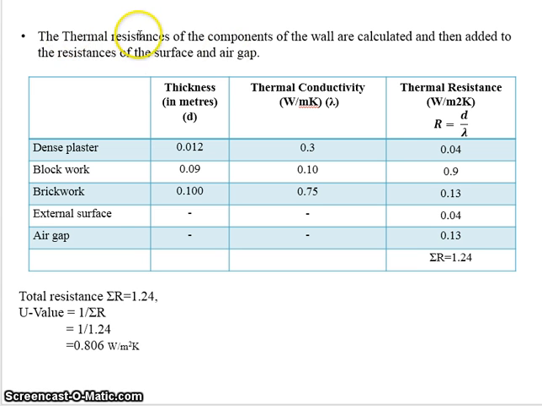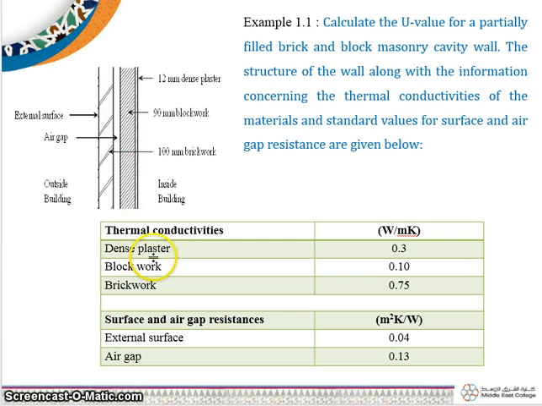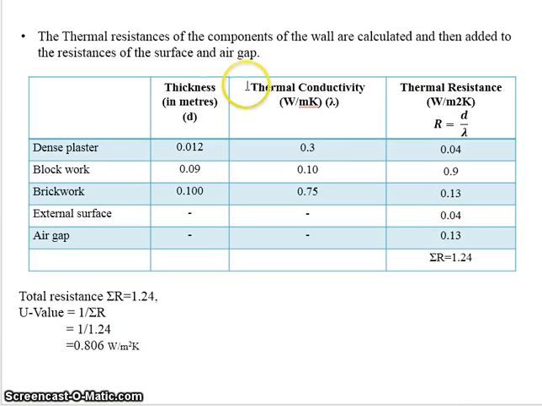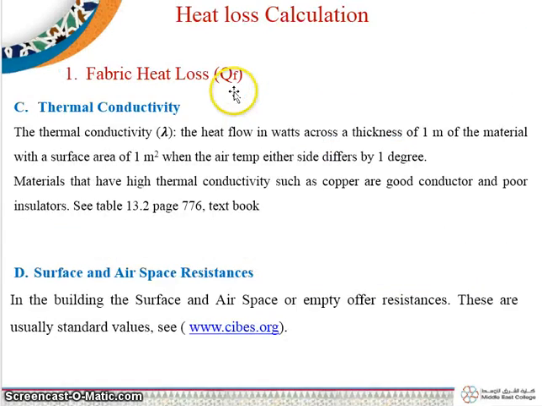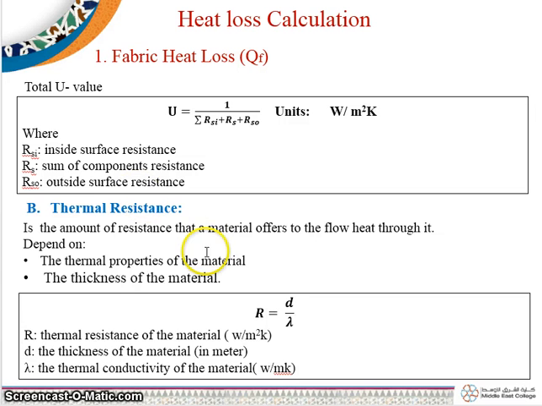So see here the thermal resistance of the components of the wall. You have to calculate the thermal resistance for these three items and directly add the surface and air gap resistance values. So how to find this thermal resistance? We have a formula for thermal resistance. Thermal resistance R is equal to d by lambda.